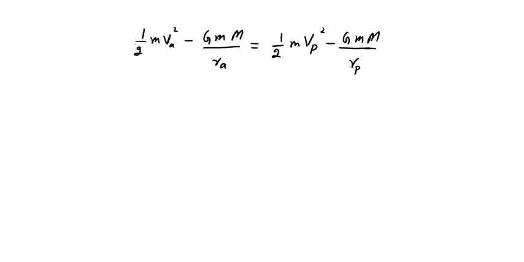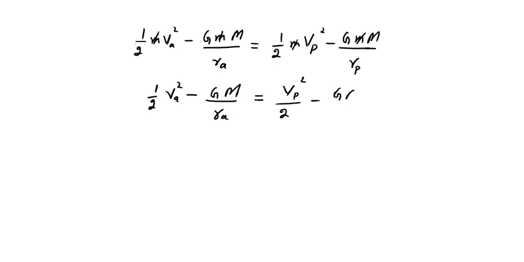Now by cancelling this small m, we can say that half Va squared minus GM divided by Ra is equal to Vp squared divided by 2 minus GM divided by Rp. This is equation number 2.